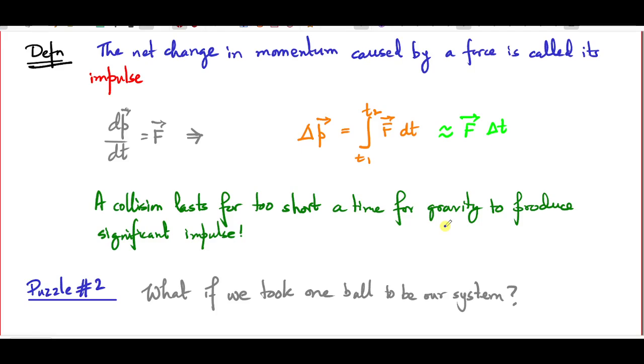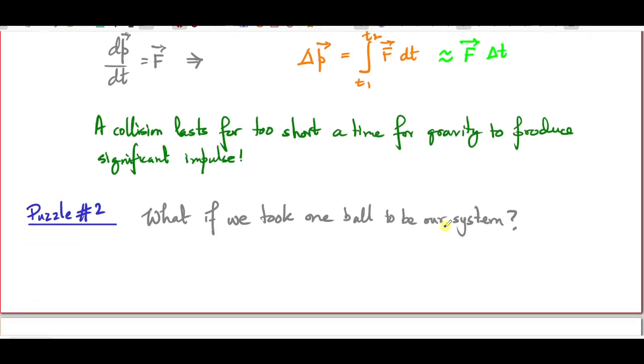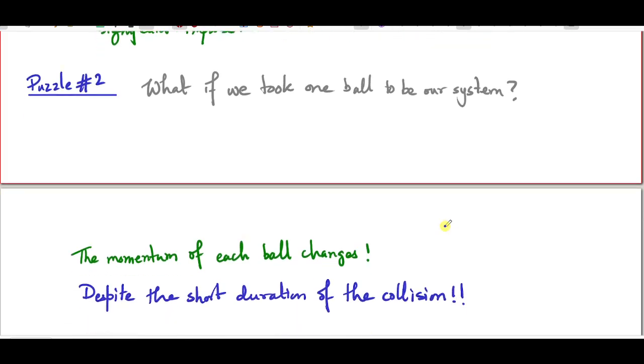And then something strange happens. The momentum of a single ball definitely changes before and after a collision. The question would be, how can this happen if, as we have just argued, the time duration over which the collision takes place is so very short?